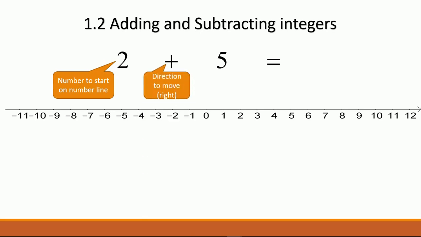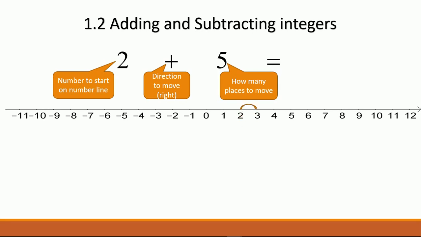So we start at number 2. Our sign, which is positive or plus, tells us in which direction we will move. Remember, positive or plus is going to the right on the number line. The last number then will tell us how many places we must move. So we will move 5 places, and where we end up, that will be the answer to this problem.